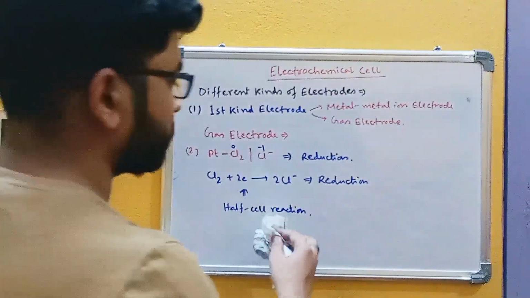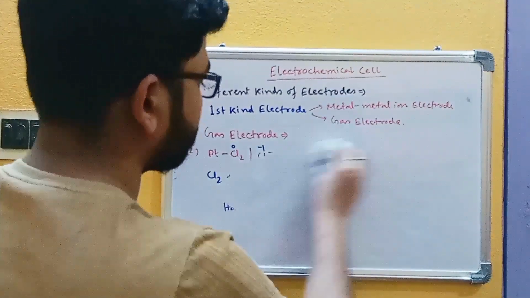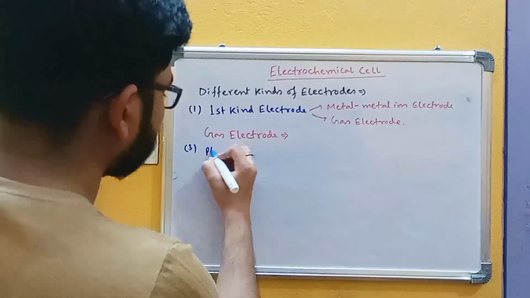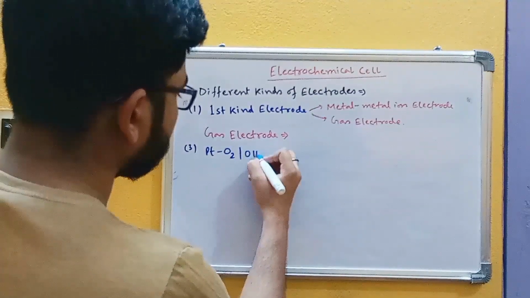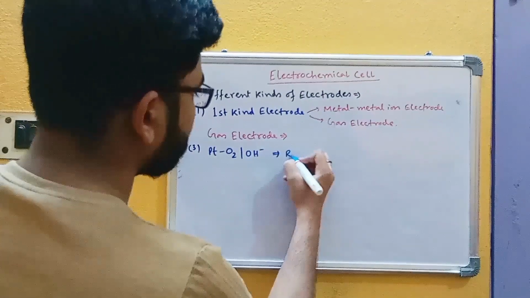Now we write the half cell reaction of the next electrode. The next electrode is the oxygen electrode, so here reduction takes place.